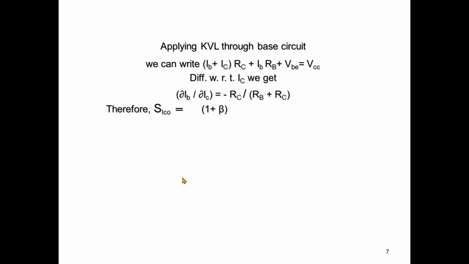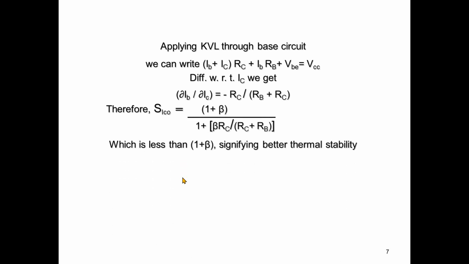Therefore, from this, the stability factor can be written as (1 plus beta) divided by 1 plus beta into RC divided by RC plus RB, which is less than the value of 1 plus beta, signifying better thermal stability.